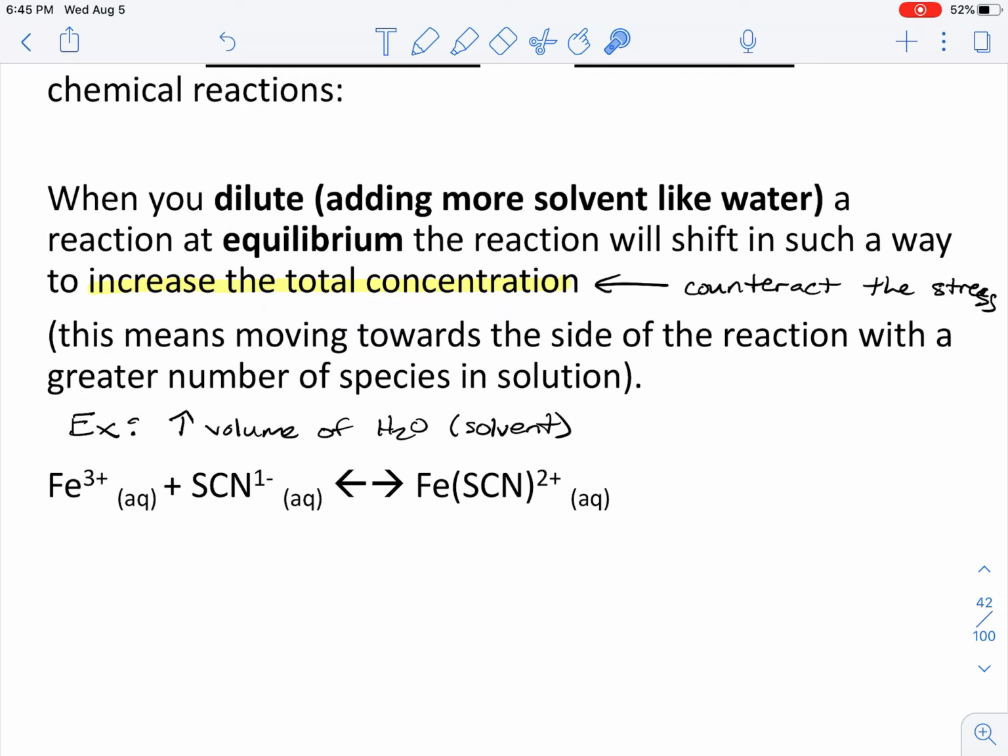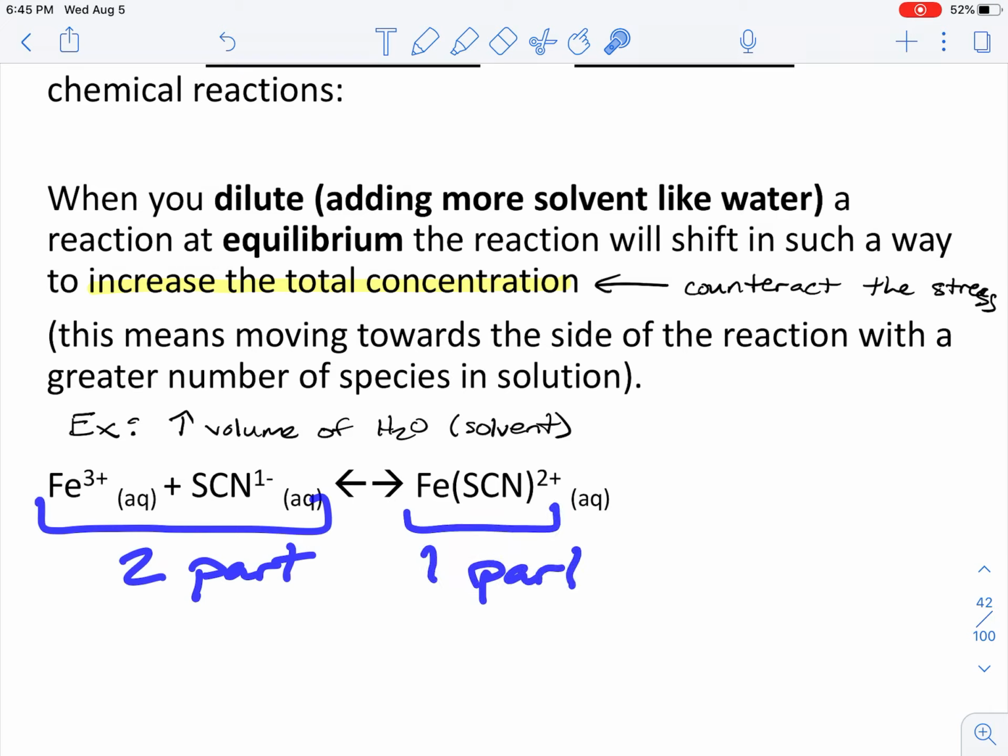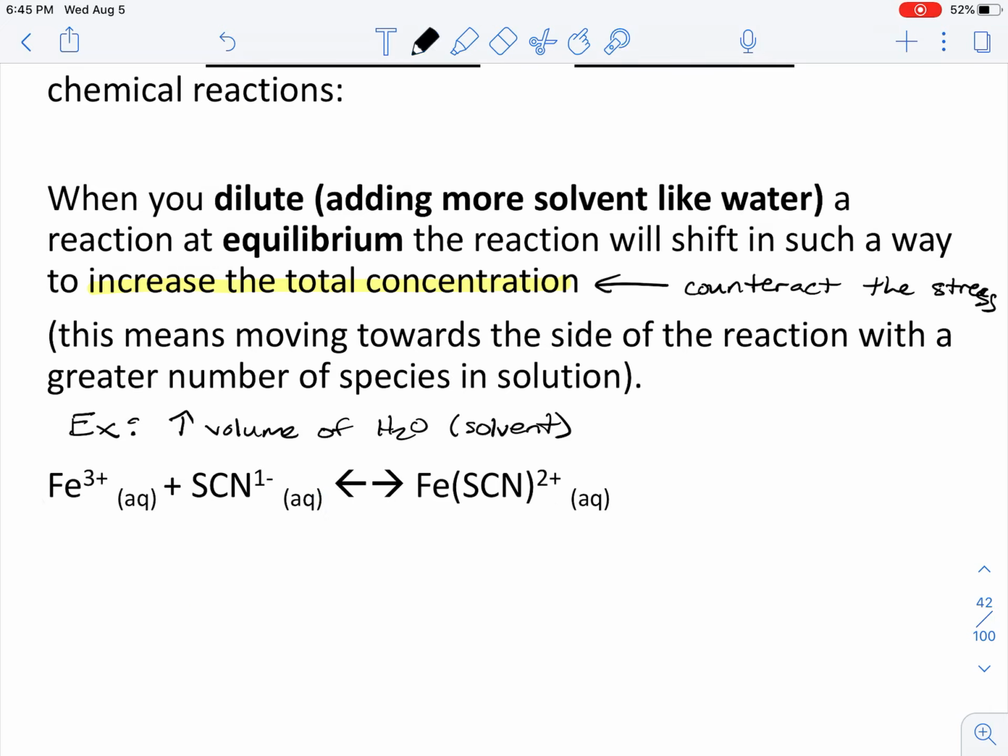And so notice that here we have 1 iron, 1 thiocyanate, and 1 iron thiocyanate. And so here we have 2 reactant particles. So here we have 2 particles, and we have 1 particle. And so, let me just rewrite that again. So we have 2 particles.